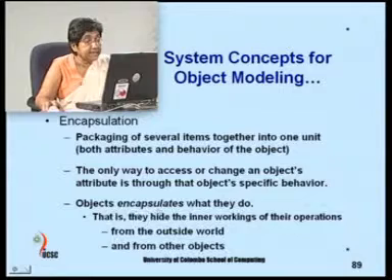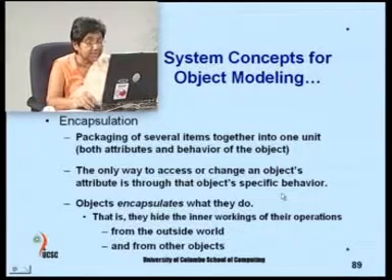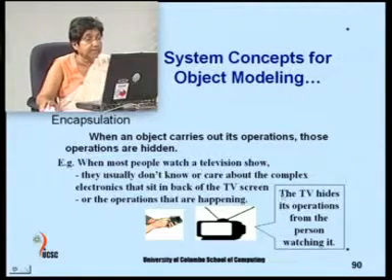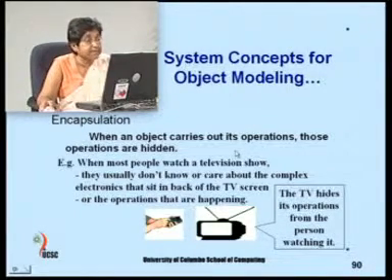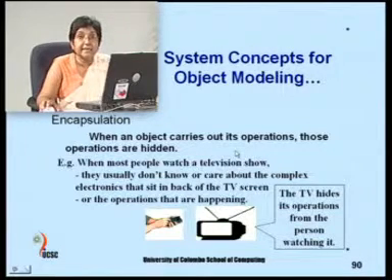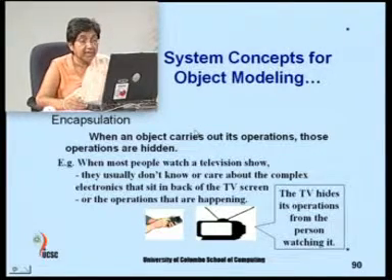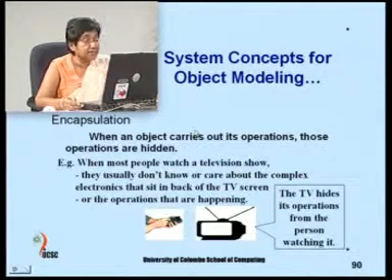Now, objects encapsulate what they do, that is, they hide the inner workings of their operations from the outside world and from other objects. When an object carries out its operations, those operations are really hidden from the outside world. When most people watch a television show, they usually don't know or care about the complex electronics that sit at the back of the TV screen.